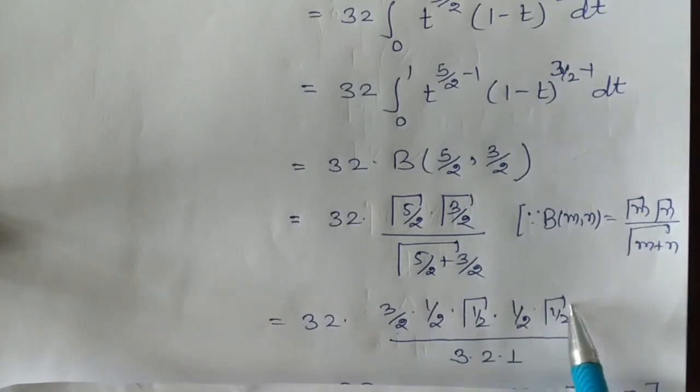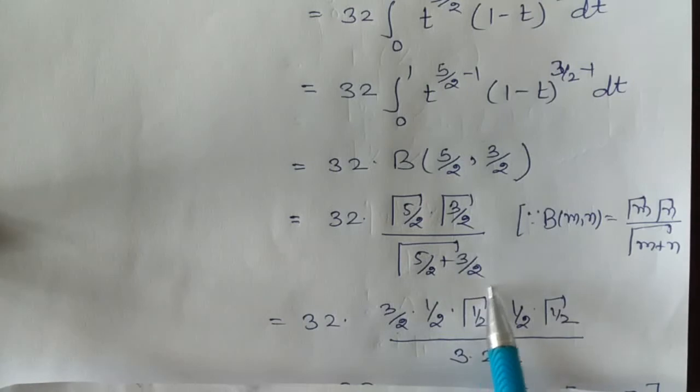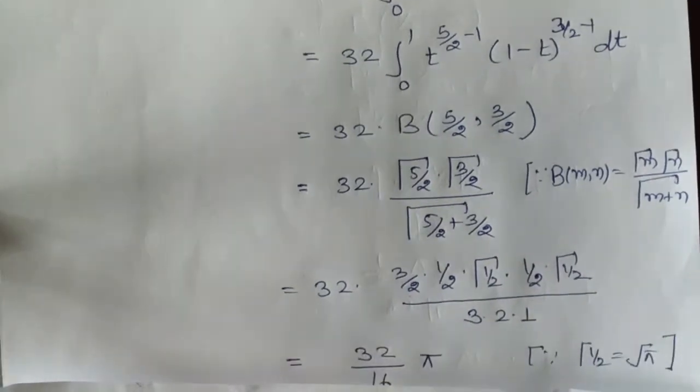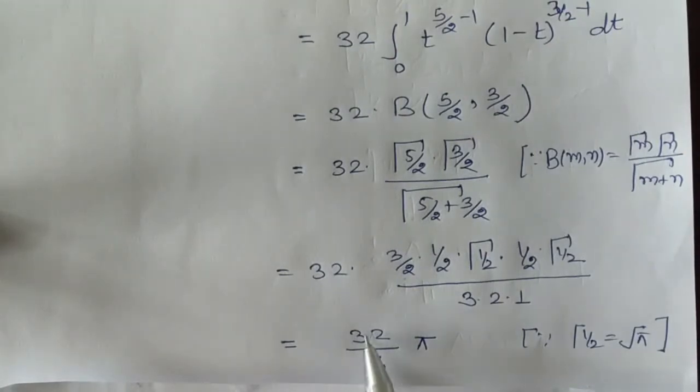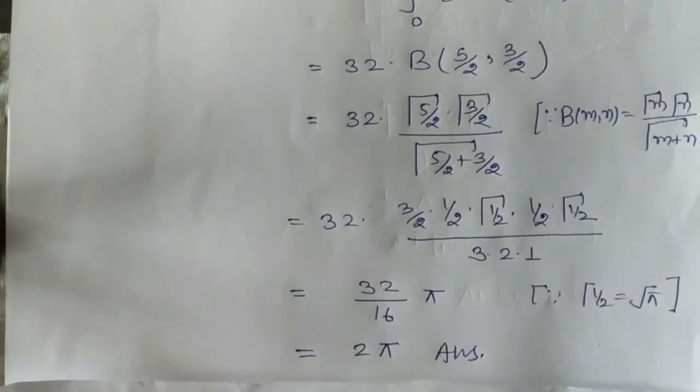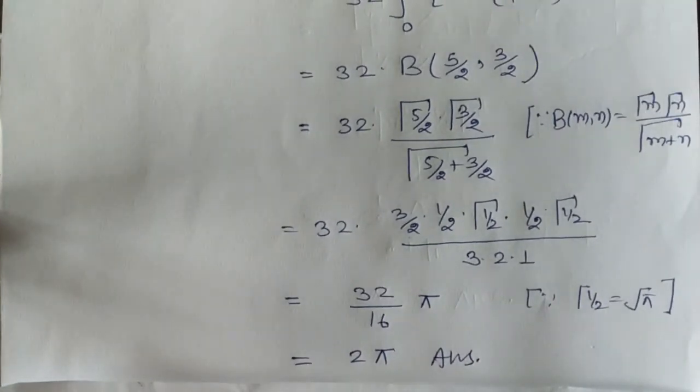Now here gamma half is root pi, so root pi into root pi becomes pi, and then we simplify all terms, we get 32 upon 16 pi, which further gives 2 pi. So this is the result of the given integral using beta functions.